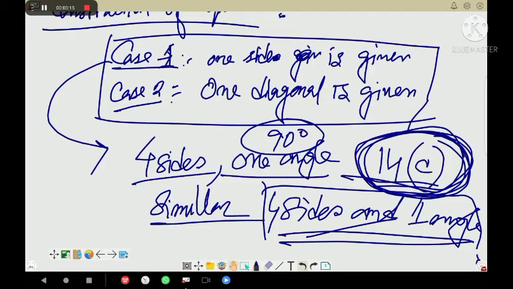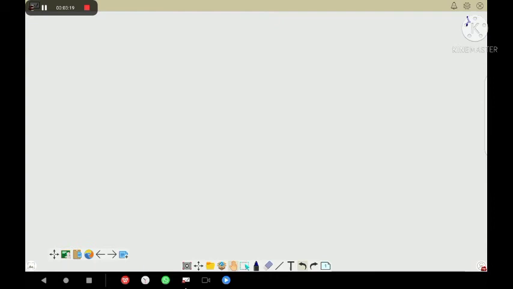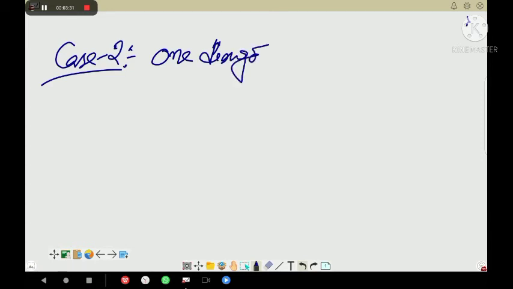Now case 2, which is very easy. One diagonal is given.